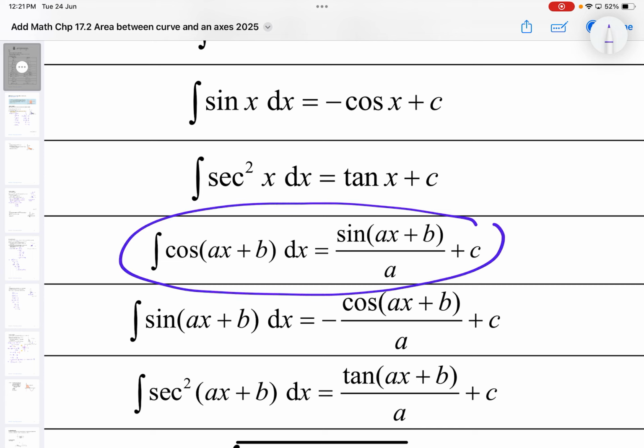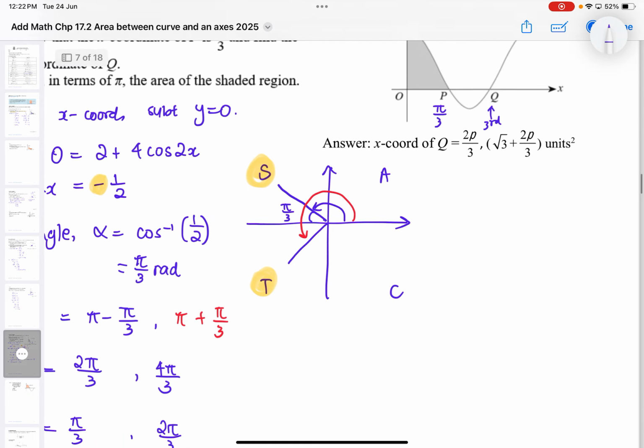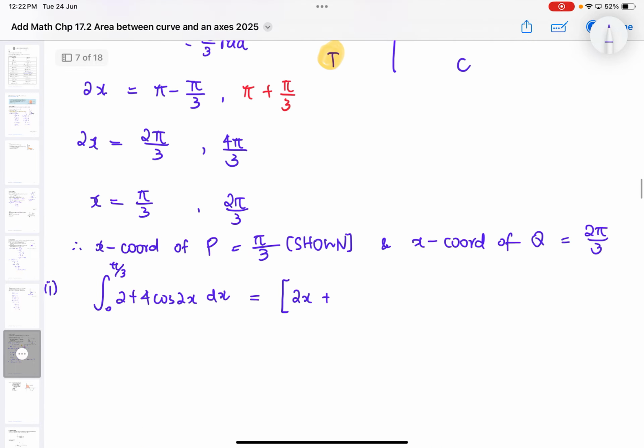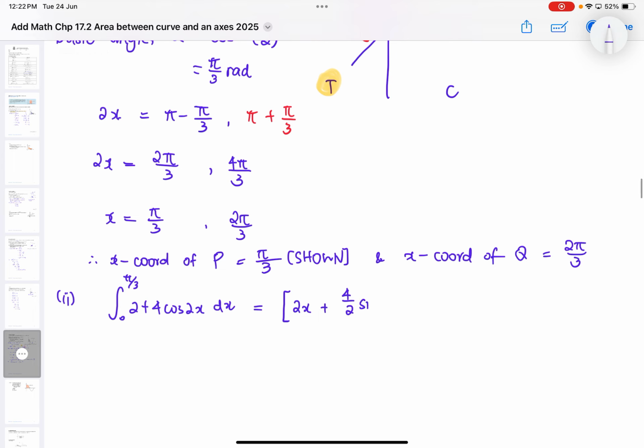I integrate cosine, it will be sine, and then I will divide by the derivative of the bracket. The derivative of what's inside the bracket is just a. Alright, so that will be 4 over 2 sine 2x. We don't need to plus c because we have the range given.